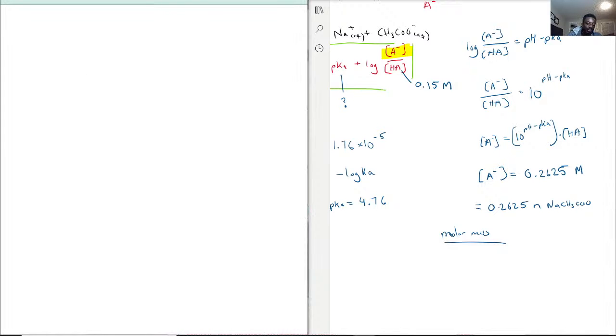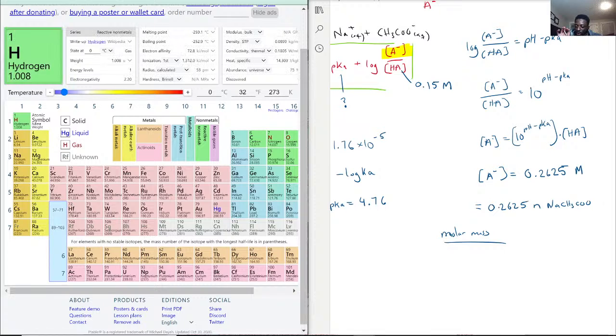Now to get the grams, you need the molar mass, your best friend. So let's go back to the periodic table. You want to add 3 hydrogens, 2 carbons, 2 oxygens, and 1 sodium. Sodium is 22.990 plus 3 times 1.008 plus 2 carbons, 2 times 12.011, plus 2 oxygens, so 2 times 15.999.